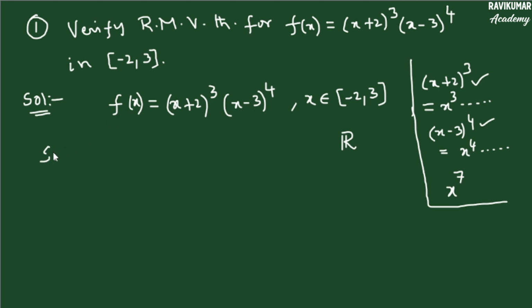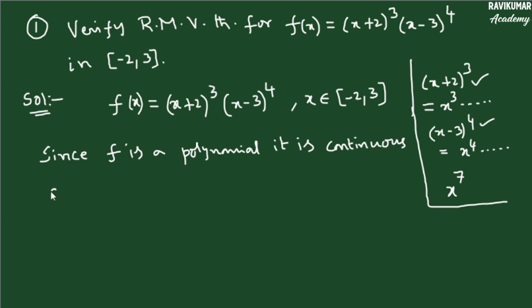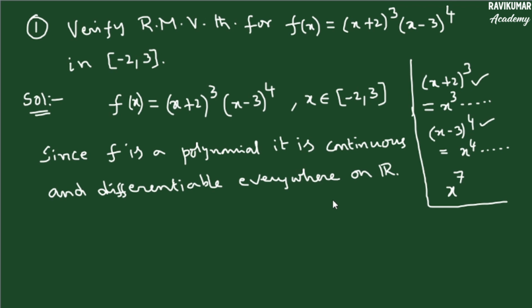Therefore, since f is a polynomial, it is continuous and differentiable on the real line, the real number system.